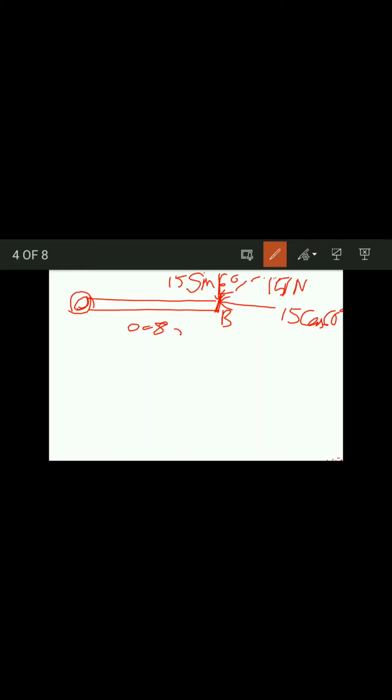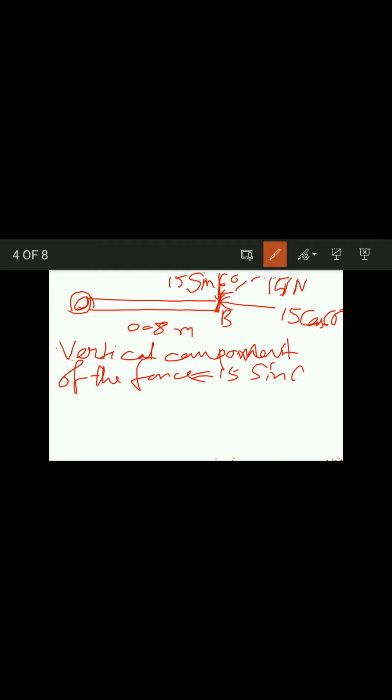Distance is 0.8 meter. So in the second case, the vertical component of the force equals 15 sine 60 degree, 15 into 0.866, so 13 Newton.